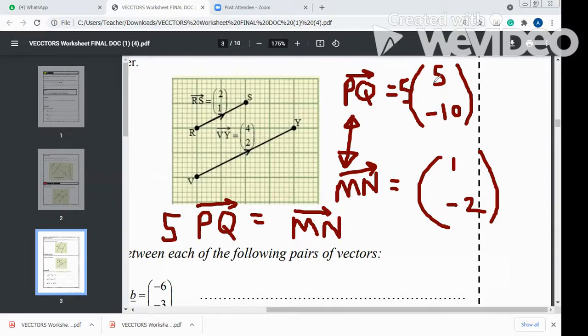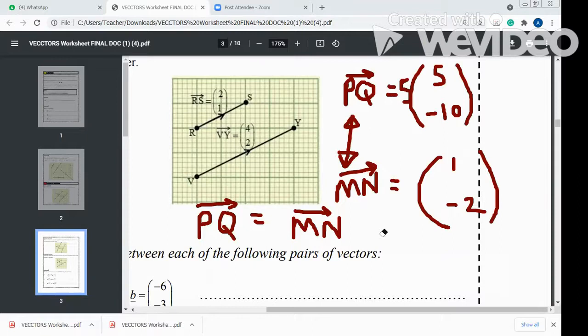But do we have 25 and negative 50 down here? No, sir. Exactly. So you'd have to put the 5 beside the MN, because MN is 1 and negative 2. So 5 times 1 is 5.